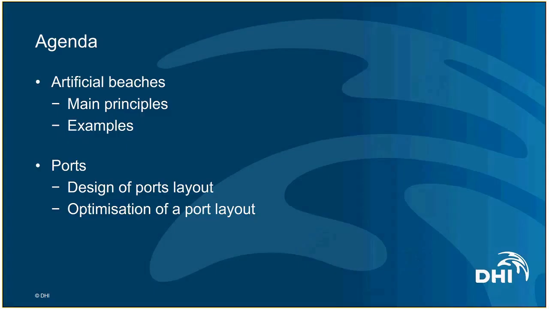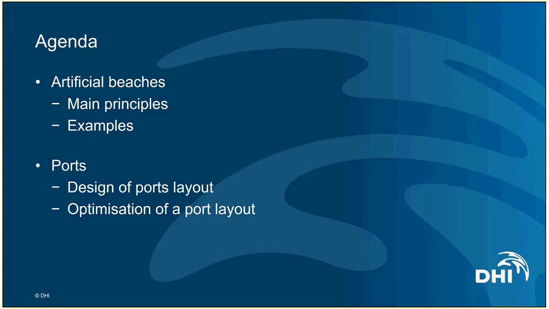The idea of today's webinar is to detail some of the key principles that are required when designing artificial beaches and harbors, for instance. So this is the agenda for today. First, we will detail some of the main principles for artificial beaches.